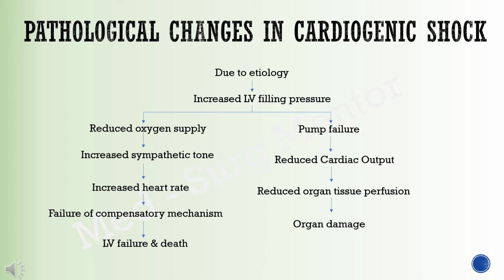At the same time, due to the reduced oxygen supply, there is an increased sympathetic tone due to the activation of compensatory mechanisms. This attempt increases the heart rate in order to maintain cardiac output. But gradually, these compensatory mechanisms fail, leading to left ventricular failure and death.